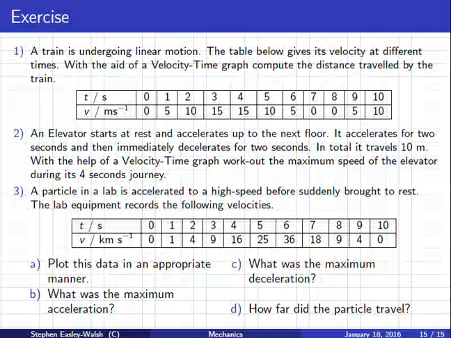Area is equal to distance. Try to listen for 10 seconds. So if this is 10 and this is 2, what's 10 multiplied by 2? 20, which is what we said earlier. Okay, so the area is the distance. Okay, now continue.